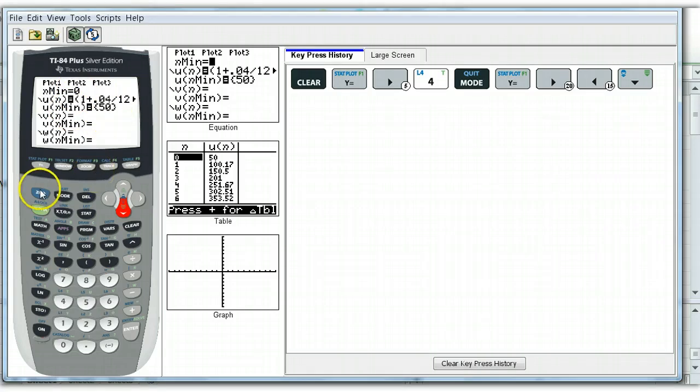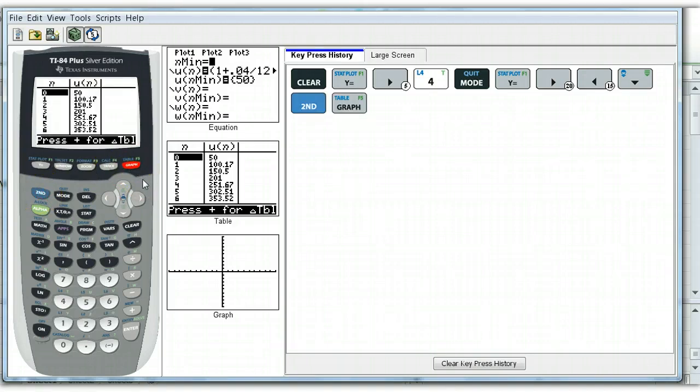So what we can do then is we can go to the table. And with the table, if you set this up so that you start at 0 and go on. So here's my $50 in the first, my initial payment. And then after time 1, I've put in another $50 and I earn interest just on that one $50 piece.